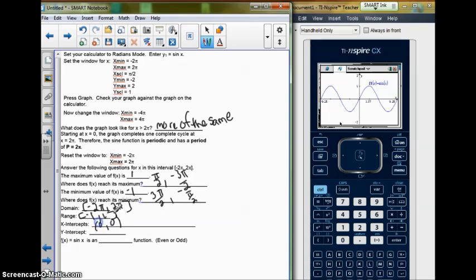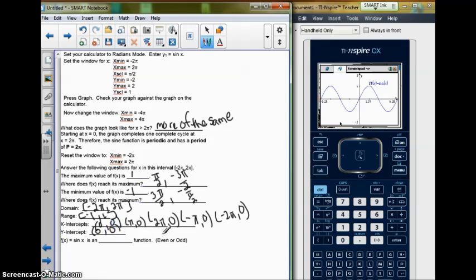So that was at 0, 0, pi, 0, 2 pi, 0, negative pi, 0, and negative 2 pi, 0. The y-intercept is just the one, it crosses the y-axis at 0, 0.